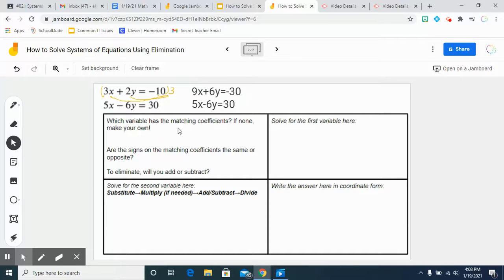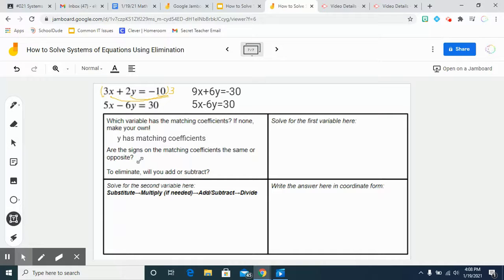So once again, which variable has the matching coefficients? In this example, it's going to be y. So I'm going to say y has matching coefficients. Are the signs on the matching coefficients the same or opposite? If I look at my y's and I look to the left of them, we've got a plus and a minus.